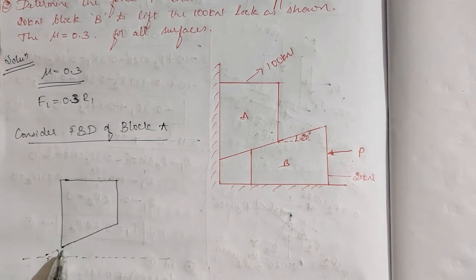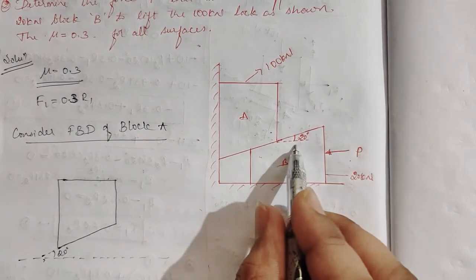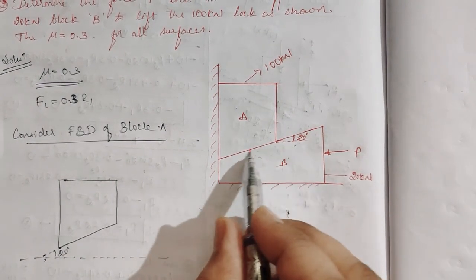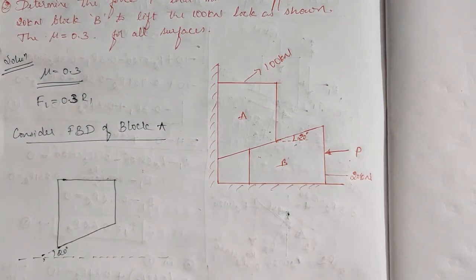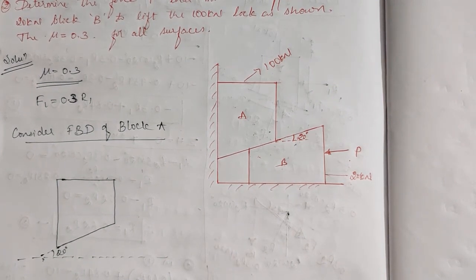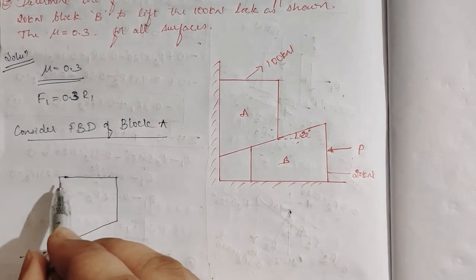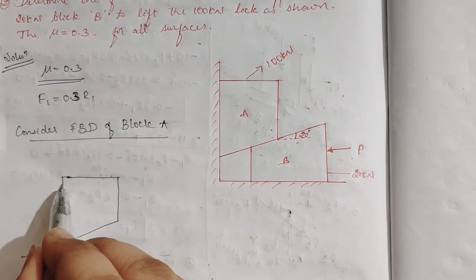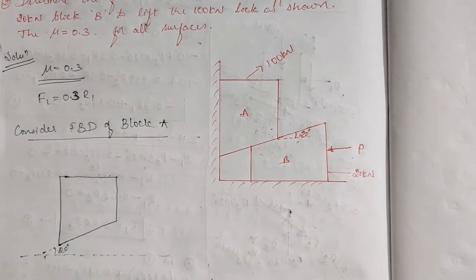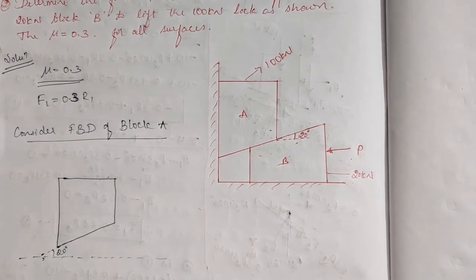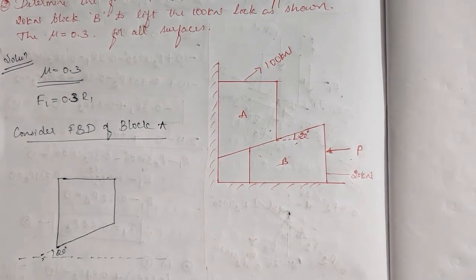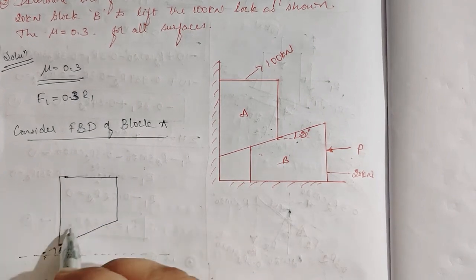Now this is 20 degree, so the same angle will be there at 20 degree. So it is a slope. Now we will look at where the contact surfaces are, so that we will get the R1, F1, R2, F2 like that.